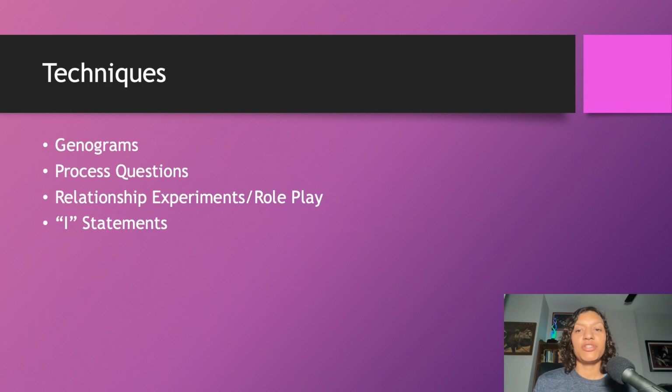I will talk about genograms more in the next slide. So often a strong focus is put on the process, so asking how questions. For example, in terms of that processing, how does the family interact? How do they go about planning events? How do they handle disagreements? How do they handle conflict? Who is the person that brings everyone in the family together?